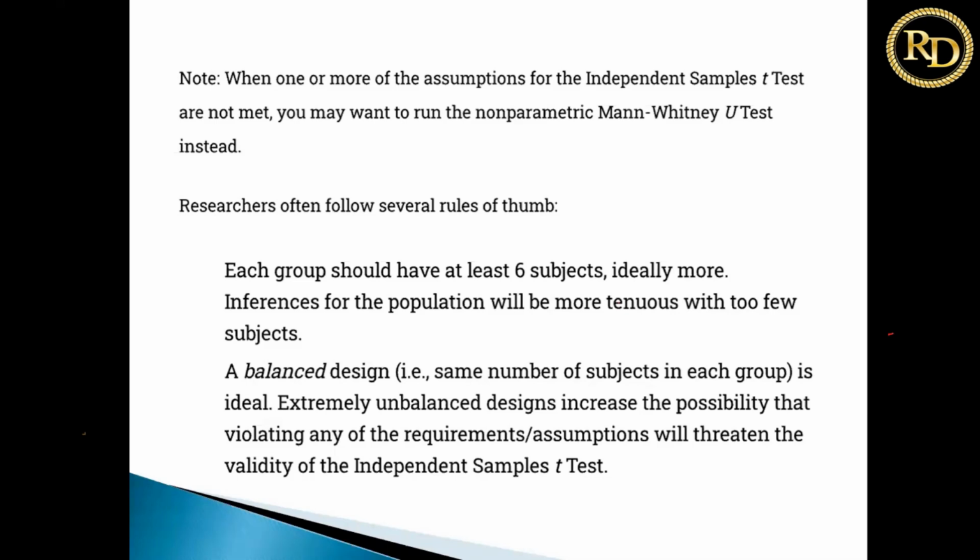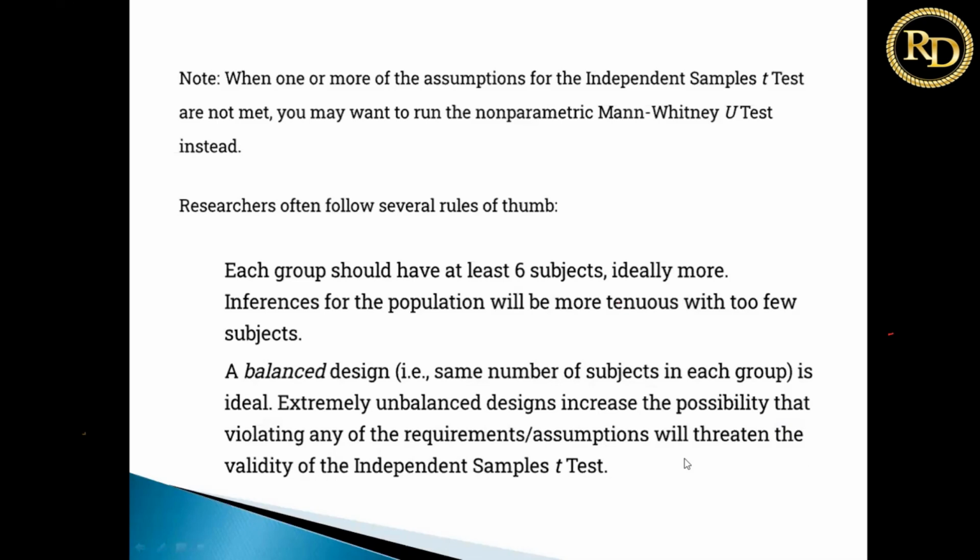Now a balanced design means the same number of subjects in each group. If we are comparing the equality of means of two groups, then the number of observations in each group should be the same, and even when dealing with more than two groups, the number of observations in each group should be the same. An extremely unbalanced design increases the possibility that violating any of the requirements or assumptions will threaten the validity of the independent sample test.